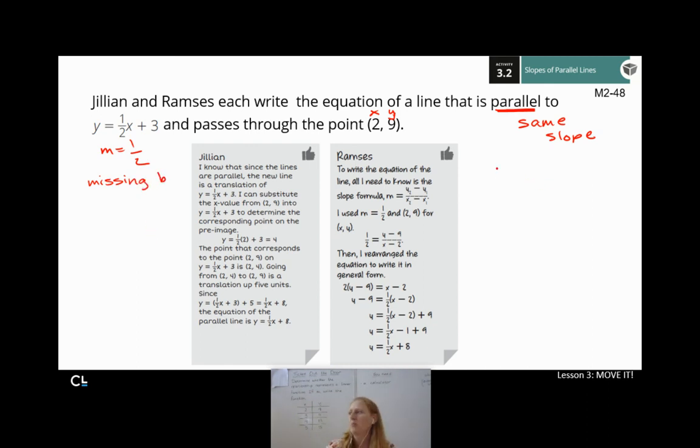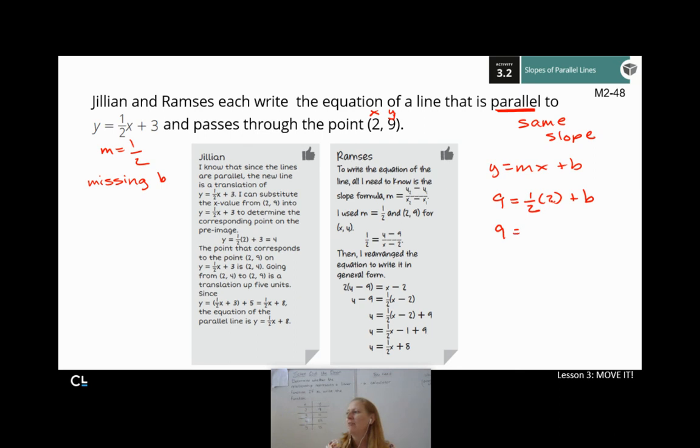I'm missing that y-intercept. So here's what we're going to do. I'm going to take y equals mx plus b. I know the slope is 1/2 because it's parallel. And I'm going to plug in a 2 for x and a 9 for y so that I can solve to find b, right?